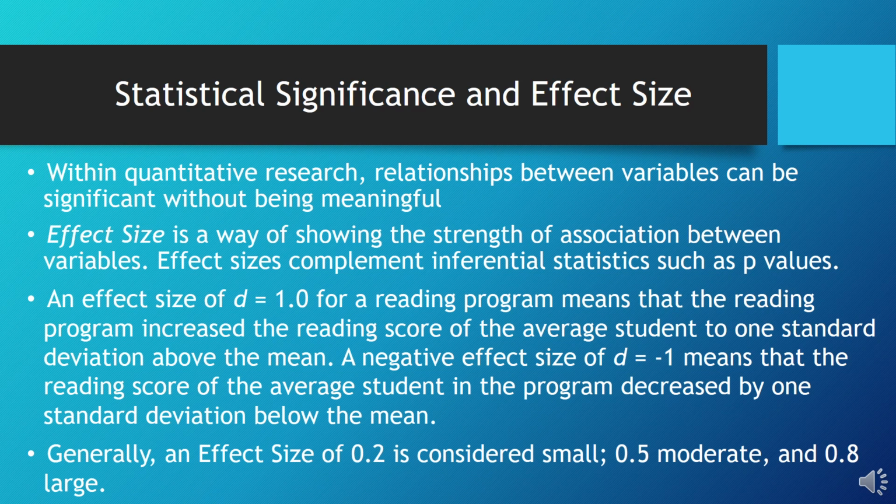A negative effect size of d equal to -1 means that the reading score of the average student in the program decreased by 1 standard deviation below the mean. Generally, an effect size of 0.2 is considered small, 0.5 moderate, and 0.8 large.